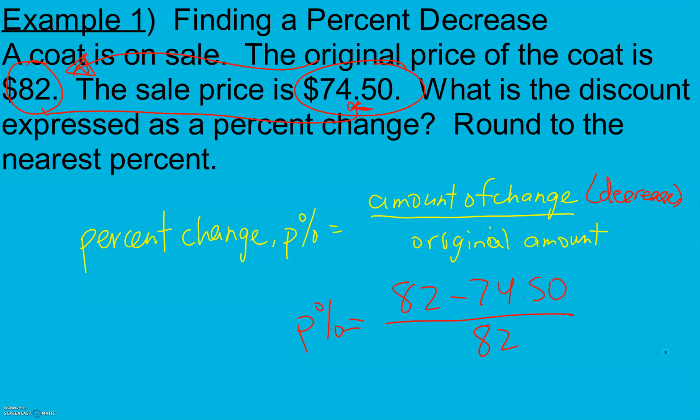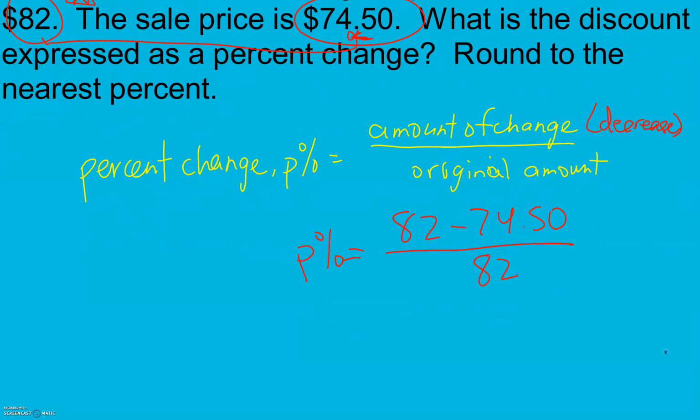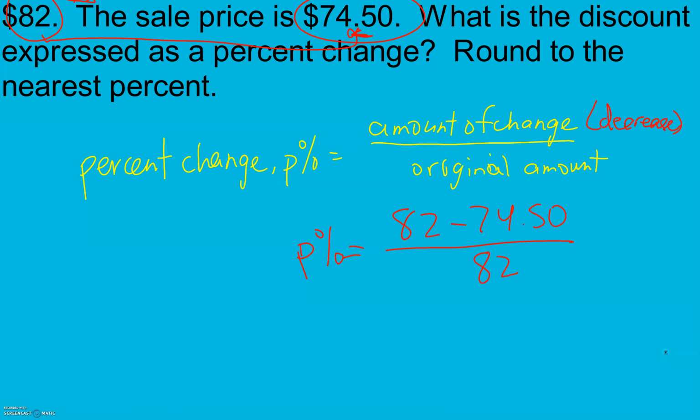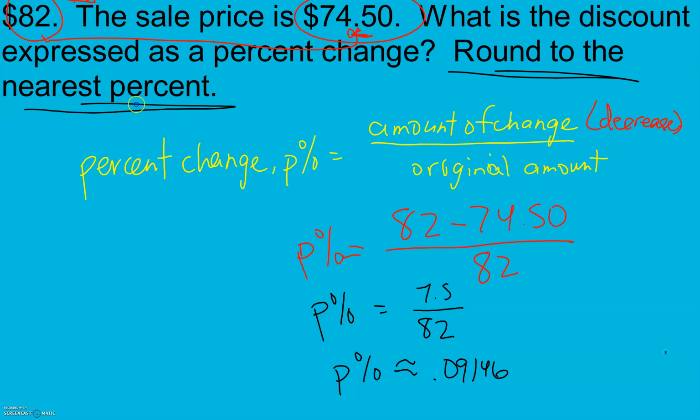Subtract first. And that gives me 7.5. Then when I divide by 82, I get approximately 0.09146.